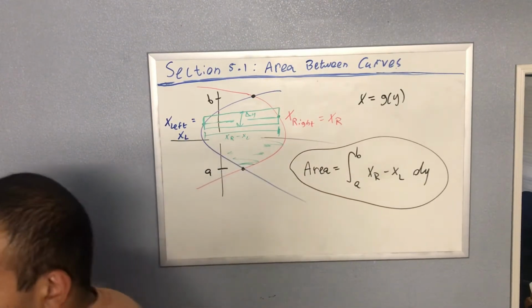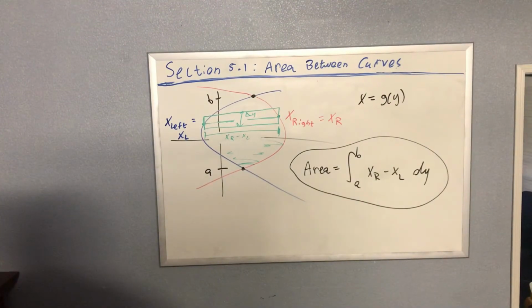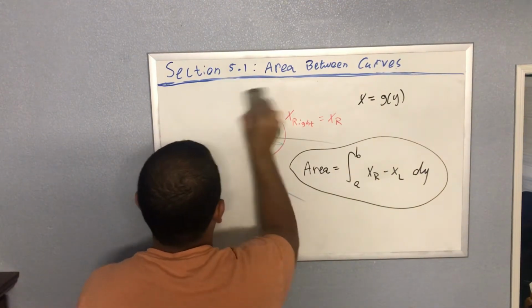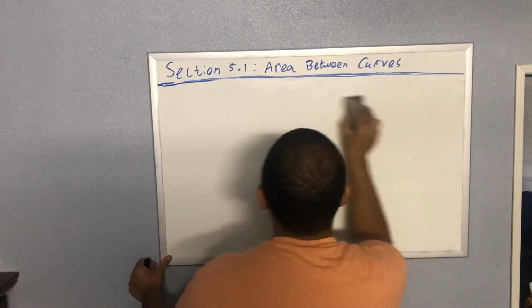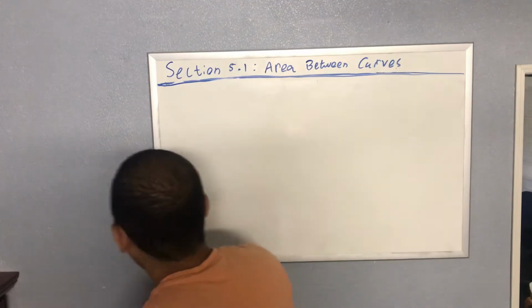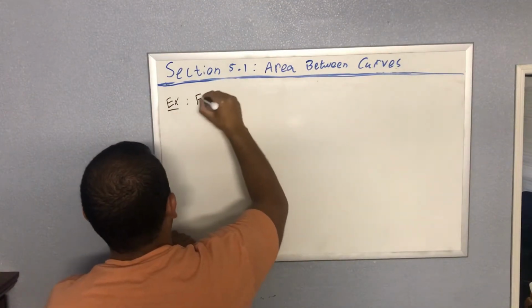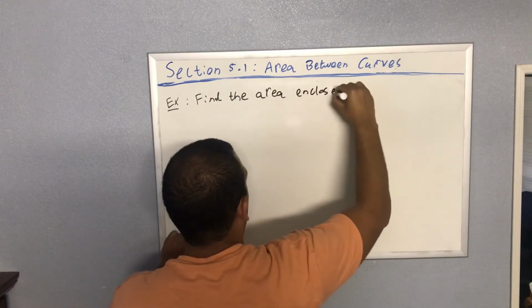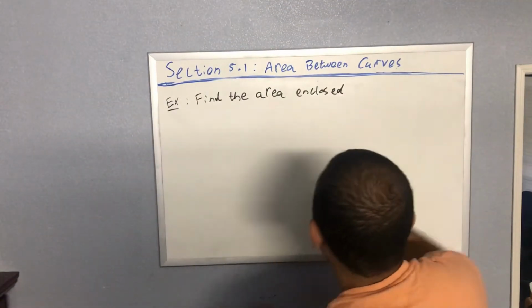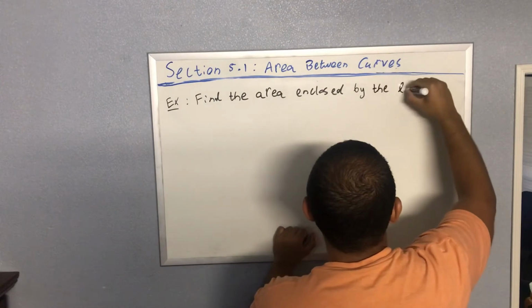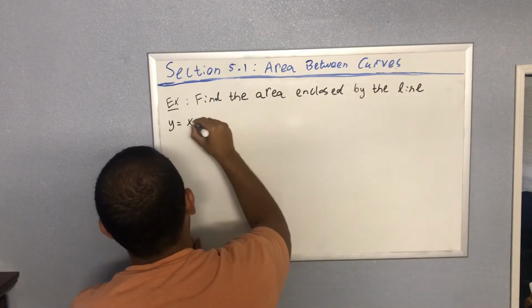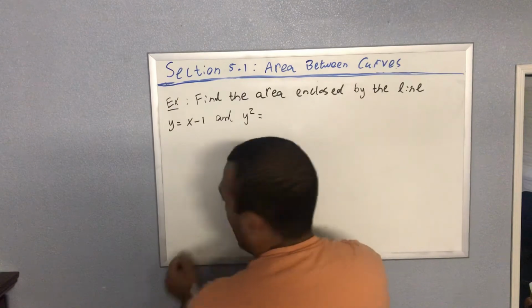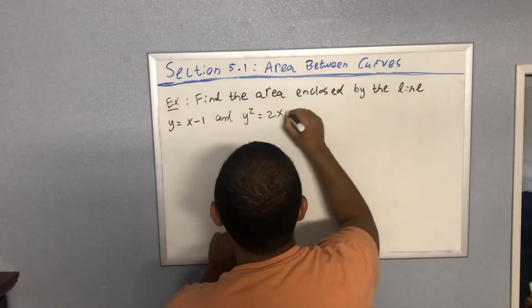Okay, and let's do an example. So find the area y equals x minus 1.